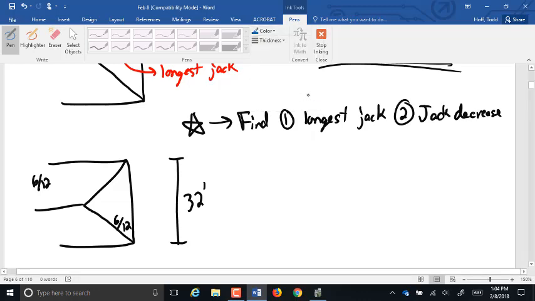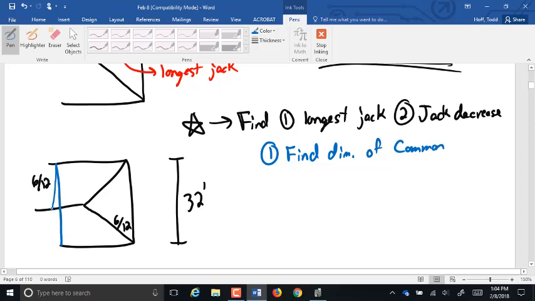So let's do this. Step 1, whether it's conventional or unconventional for a hip, step 1 is always going to be to find the dimensions of the common rafter. So kind of remember that's back here.